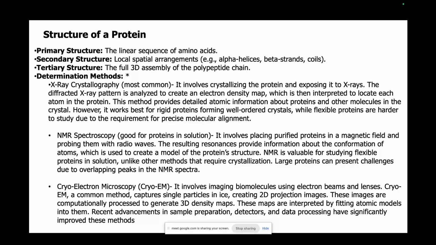So mostly, as an example, if you do a ribosome, you're going to get the subunit structures, the conformation of the subunits, and the orientation, how they are arranged. At the high level, this is the least amount of information that you can get.